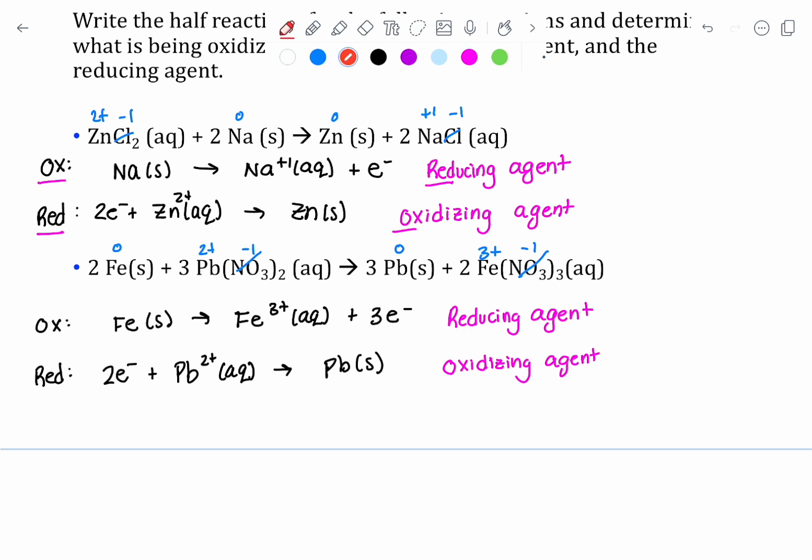It wants the full chemical formula. So for our most recent example, the reducing agent would really just be iron, whereas the oxidizing agent would be lead nitrate. Okay, so keep that in mind. So here it would be reducing agent is sodium, oxidizing agent would be zinc chloride. Okay, and that's specific for your ALEKS homework and your exams.